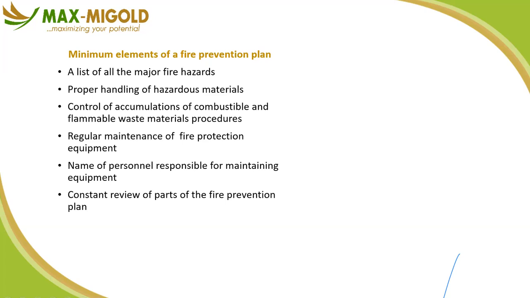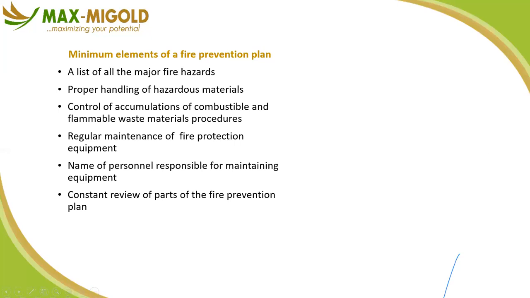We should also state how we want to control the accumulation of combustible and flammable materials in the building. So there must be a procedure. Whether these materials are waste or meant for storage, we need a clear chart on how we want to control this material.